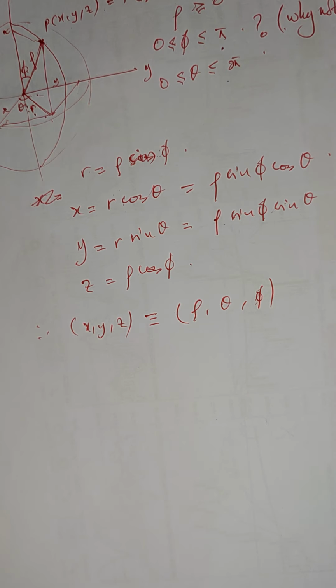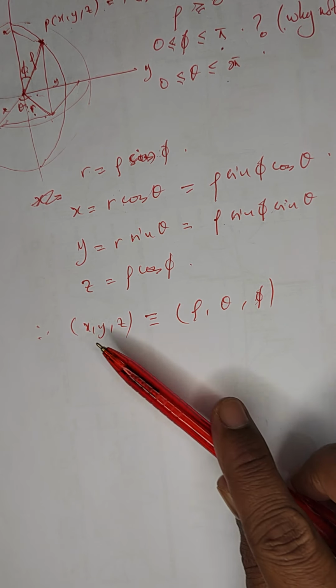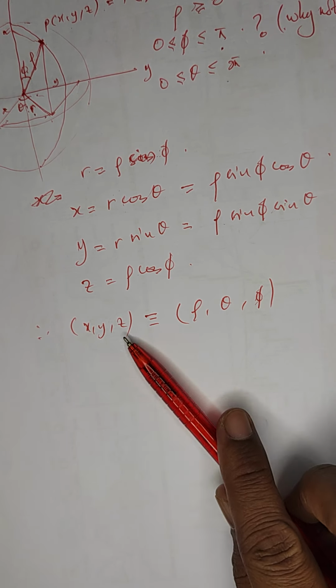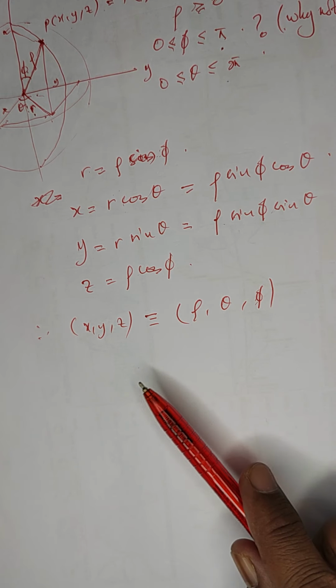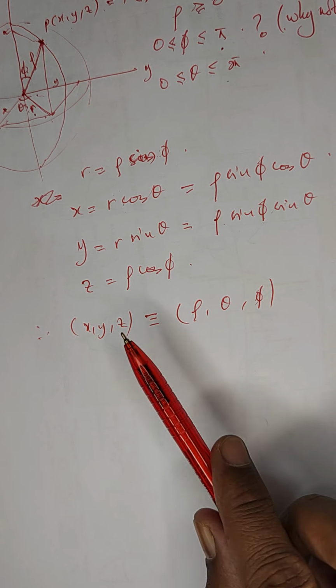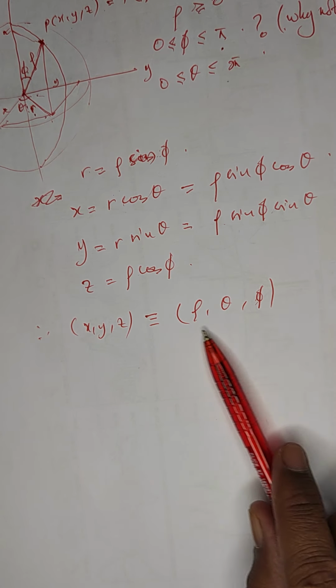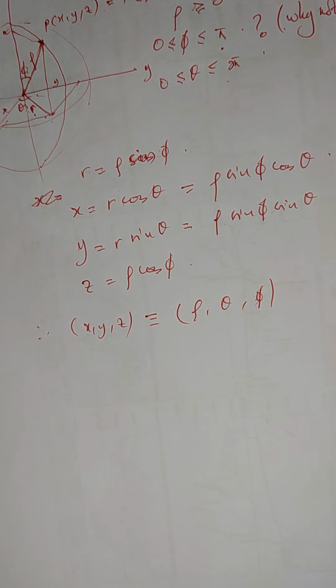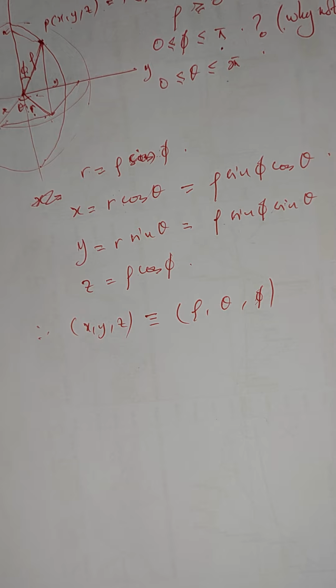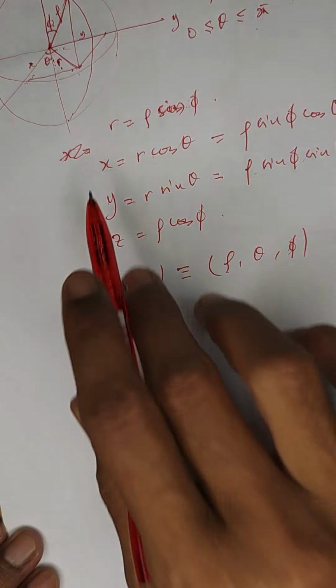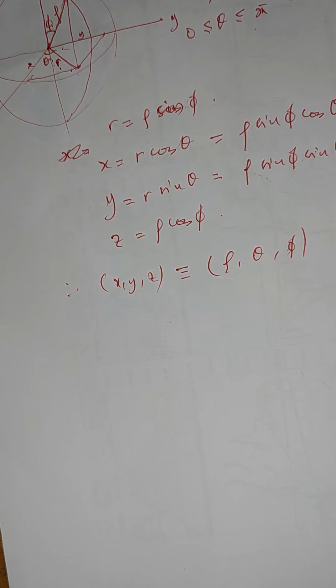Don't change the order of the angles. Likewise, you cannot change the order of x, y, z; if you change to x, z, y, then z becomes y and y becomes z. The same thing with this, so don't change the range of that.